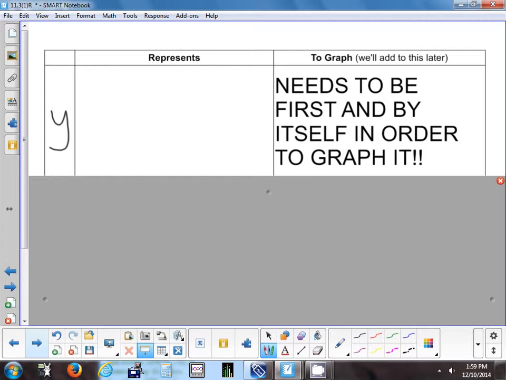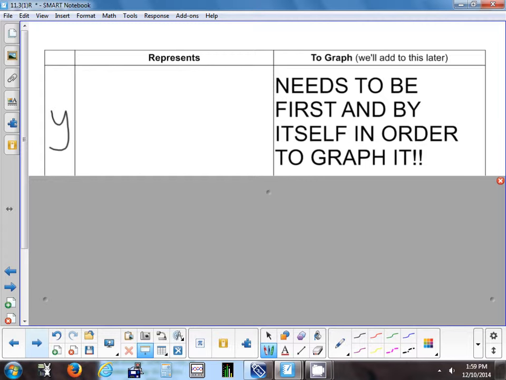But now, again, when we see what it represents, we're getting to the fact of what do I need y for when I graph? Sometimes we'll ask you to take that equation, once you've got y by itself and everything's in the right order, and graph it.